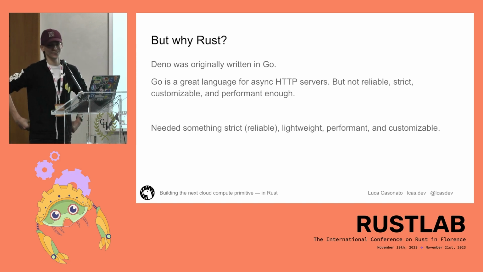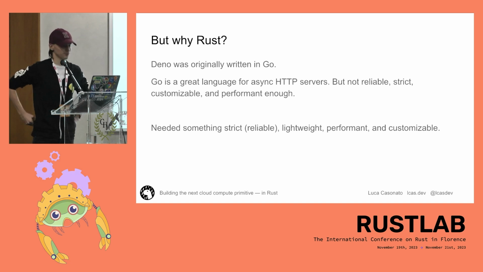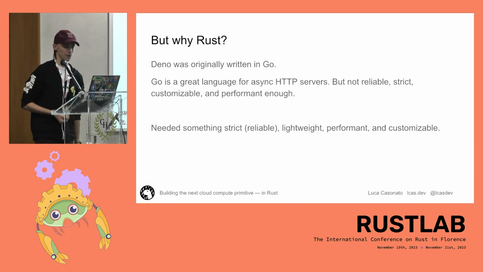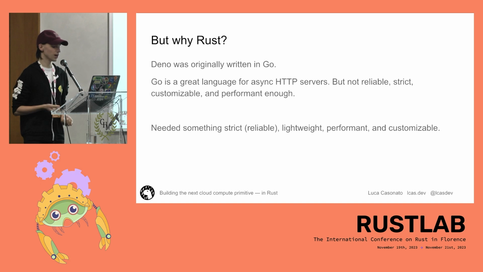But yeah, so we initially tried using Go. This went about as well as you might have expected, right? Go's a great language for writing async HTTP servers, but it does not have the same reliability or strictness or customizability or performance that languages like Rust or even C++ for that matter do. And we needed something really strict, that let us write code that was going to be reliable when executing untrusted code, when executing code from many different tenants.